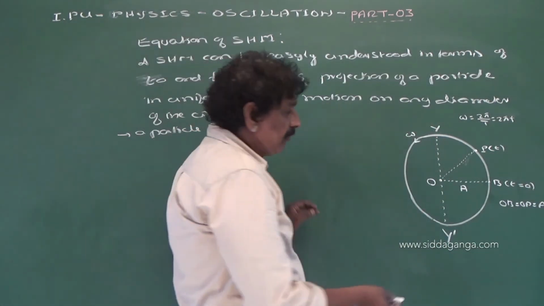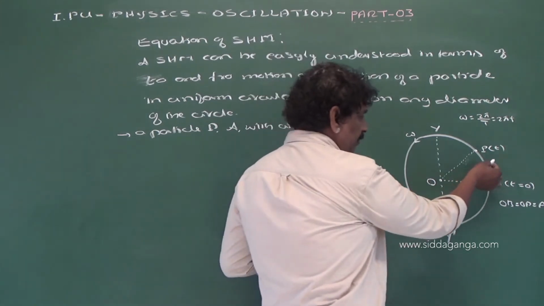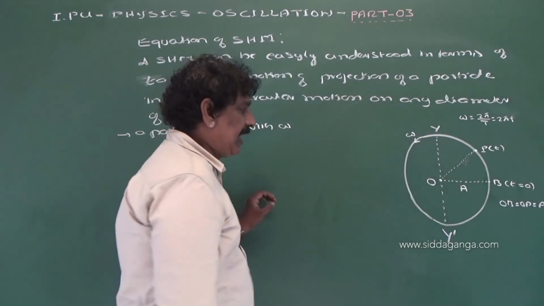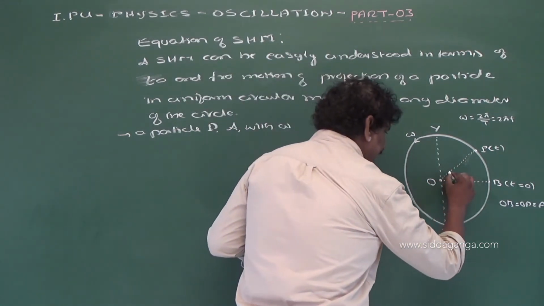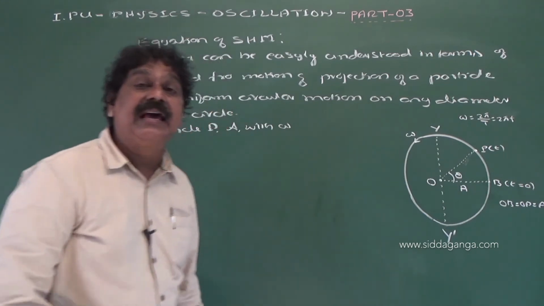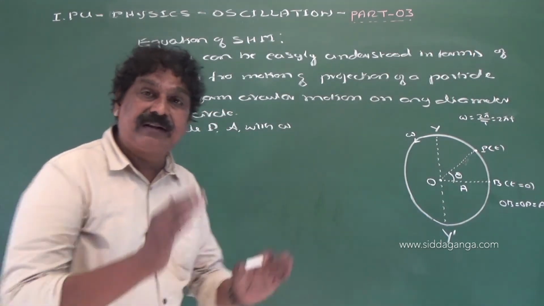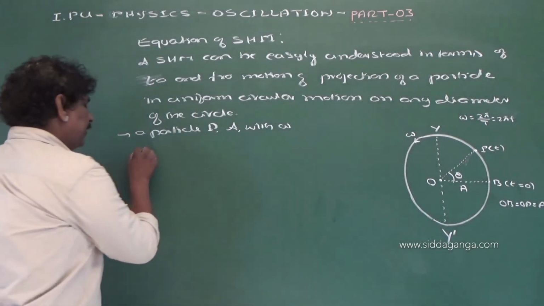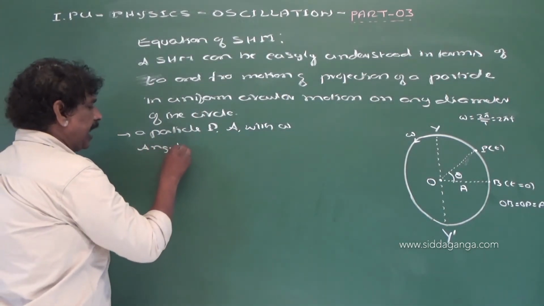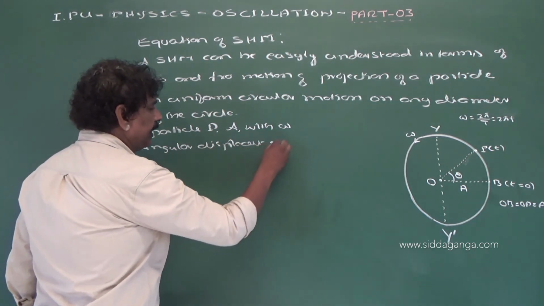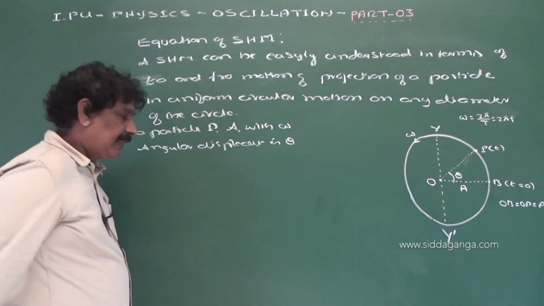Now, when the particle moves from B to P, the radius vector describes an angle theta. Here theta is called angular displacement, right.